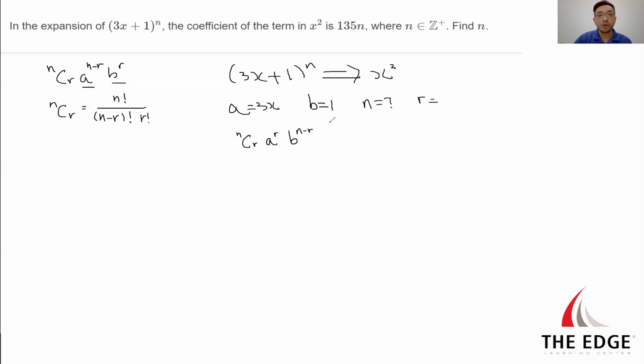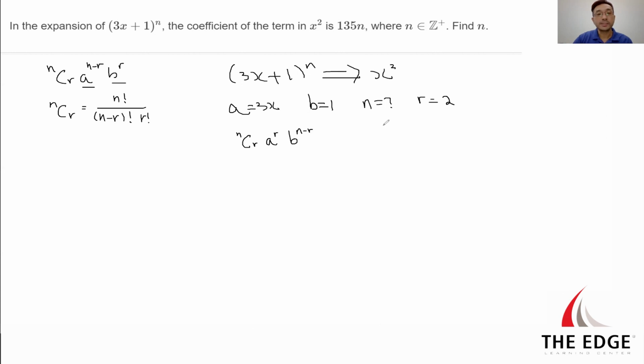That's because in a binomial expansion, the coefficients are symmetric. If you come from the left or from the right, it gives you the same values. That's one beauty about the binomial coefficient. Having said that, because we need the x squared term, r looks like it needs to be 2.